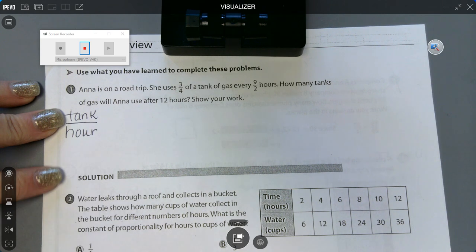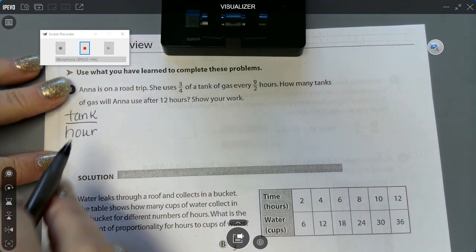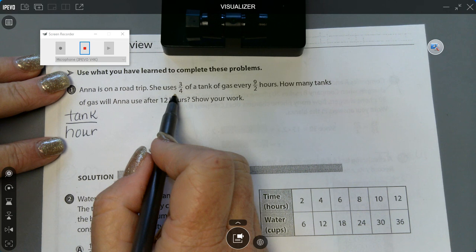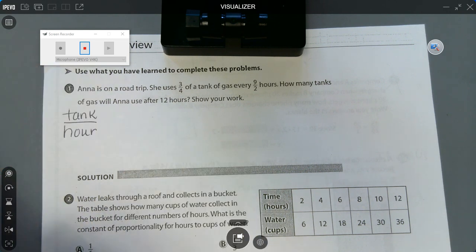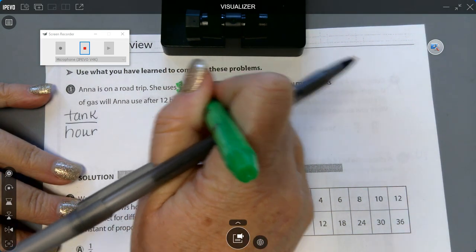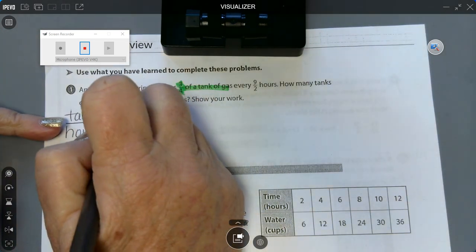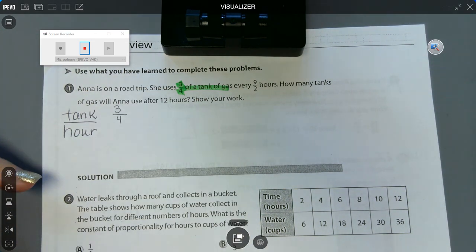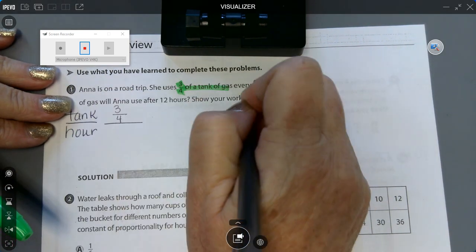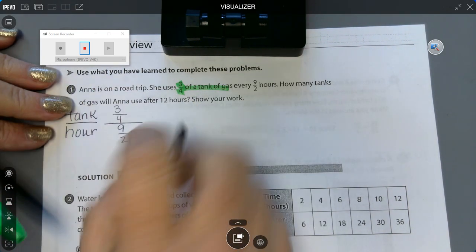Okay, so we know that right here in the problem, she uses 3/4 tanks of gas. So 3/4 is going to go here. 3/4 tanks for every 9/2 of an hour, right?